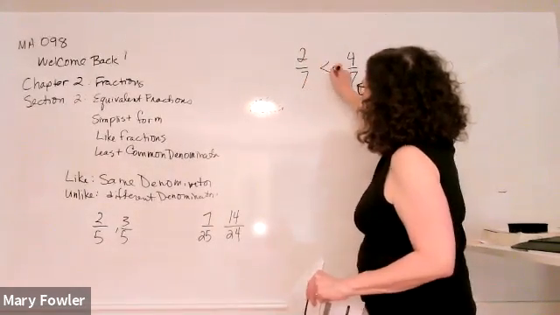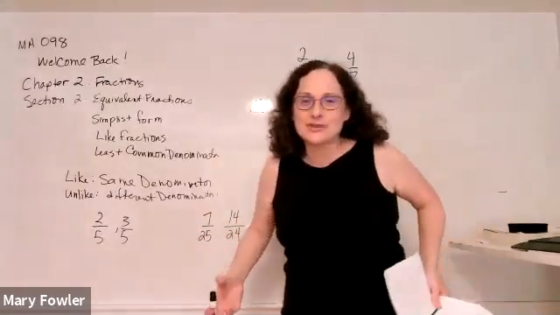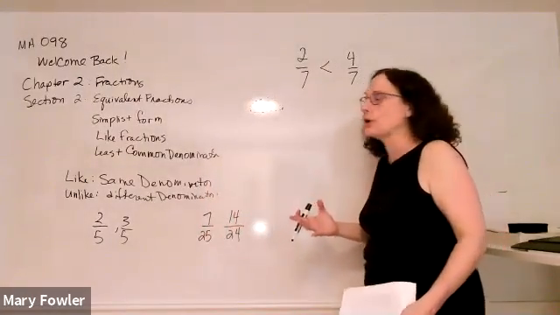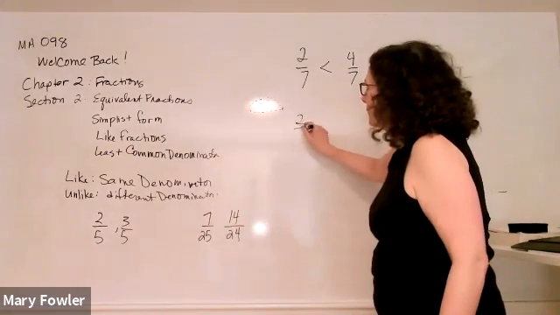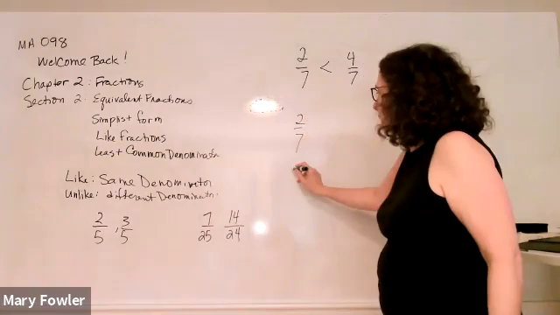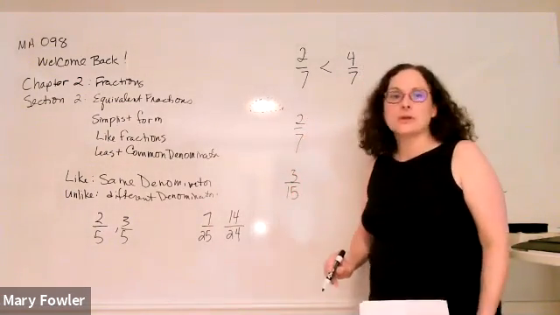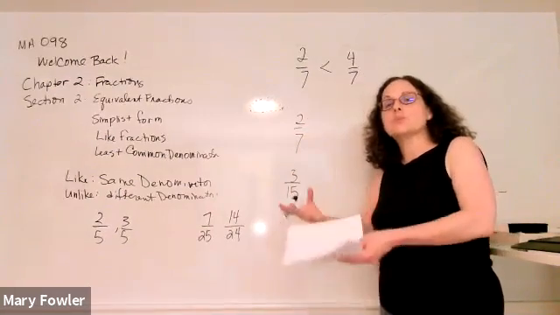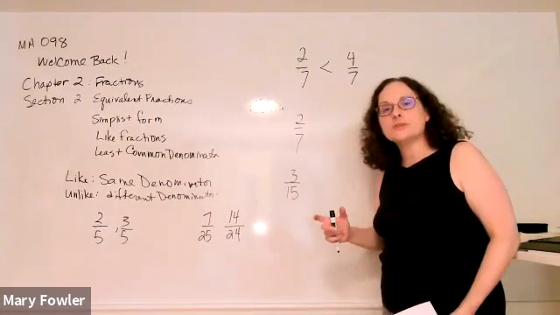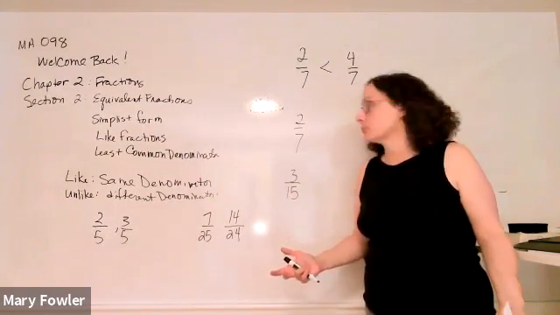And I know that 2/7 is less than 4/7 because the sevenths, the size of the brownie chunks, are the same, and I either get 2 chunks or 4 chunks, so I know which one is more. But if we have to compare 2/7 to another number, say 3/15, we now have to express these fractions with a common denominator so we can figure out which one is larger and which one is smaller.